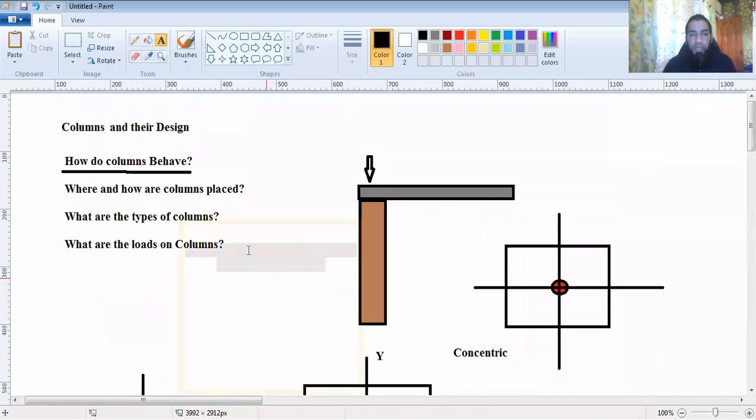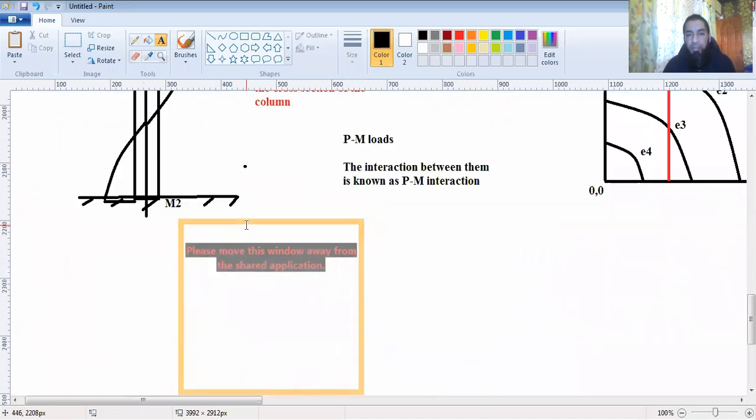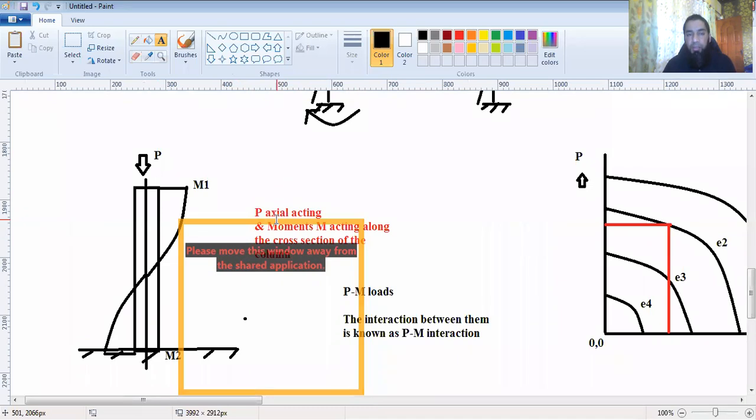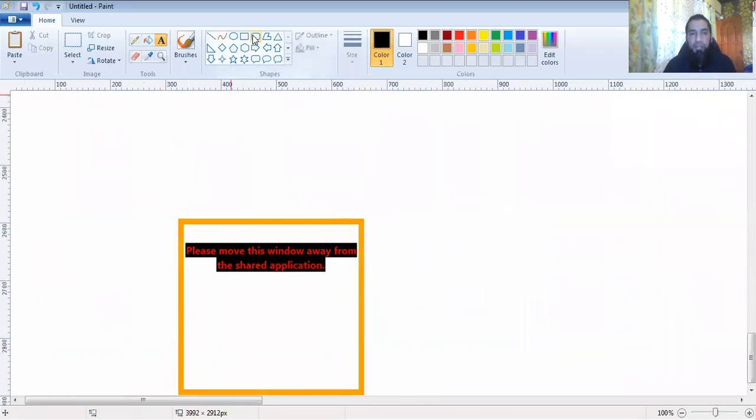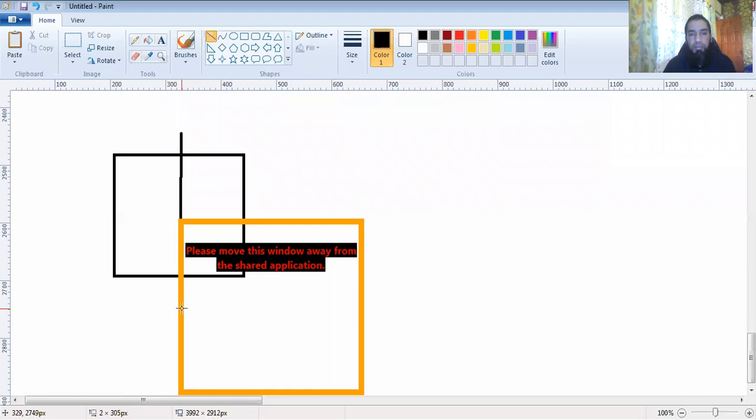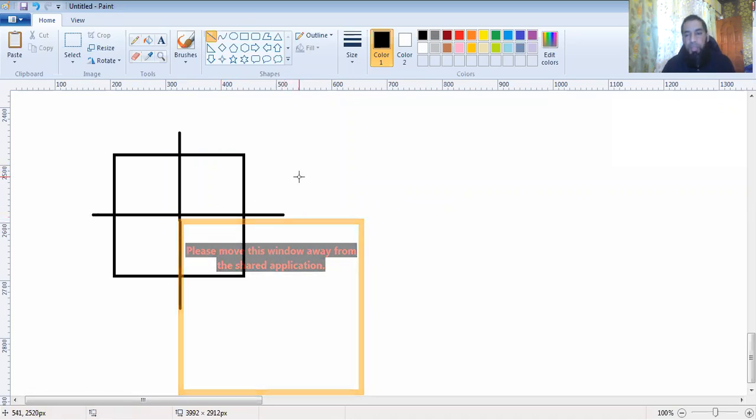So this was about the behavior. How do the columns behave? Now, in biaxial eccentricity, there will be two types of moments acting on this. There are two types of moments acting in biaxial eccentricity.